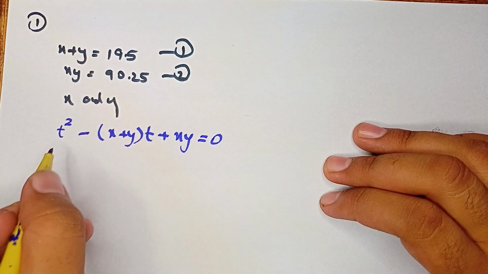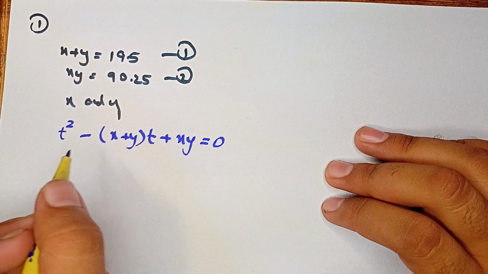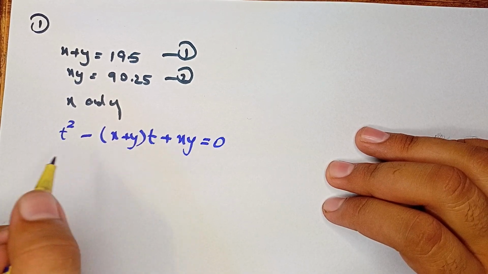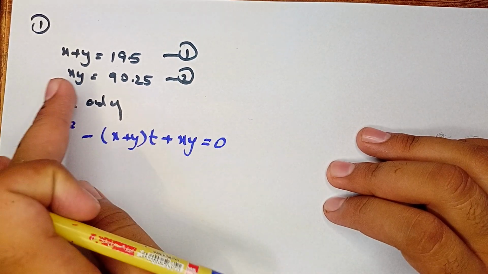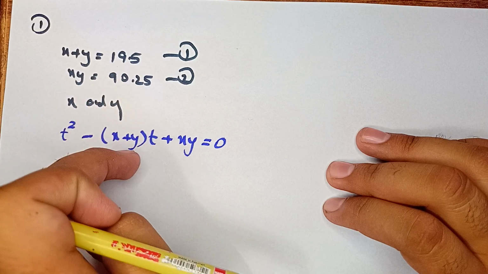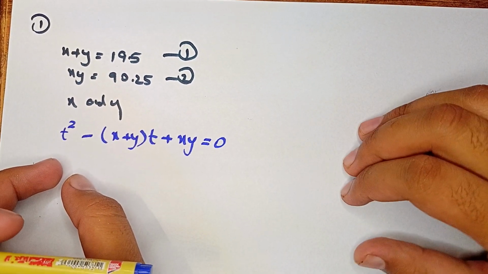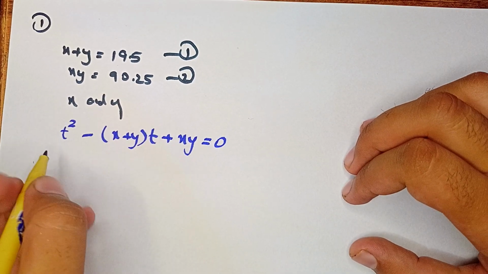I call this a quadratic equation. If you learn this equation, you can directly put the values in it, and much time will be saved. Then put the values.